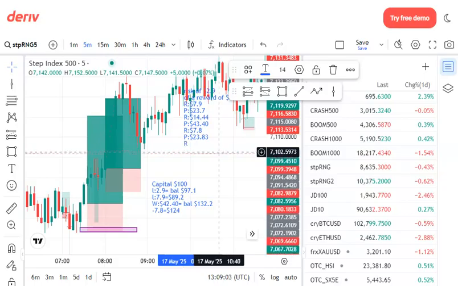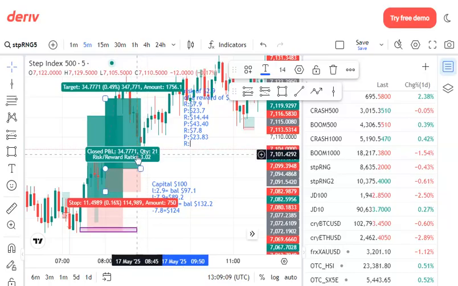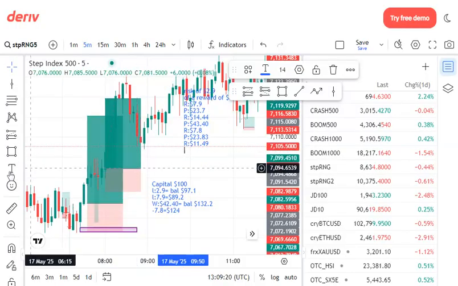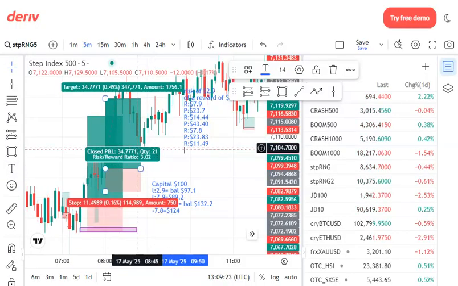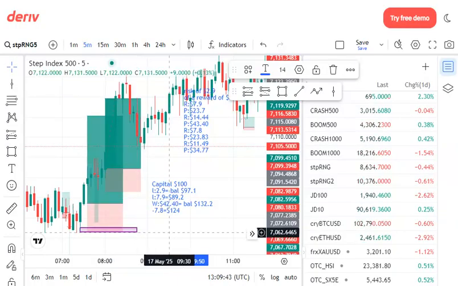The risk is 11.49 USD, and the reward is 34.77 USD, and it was a win.